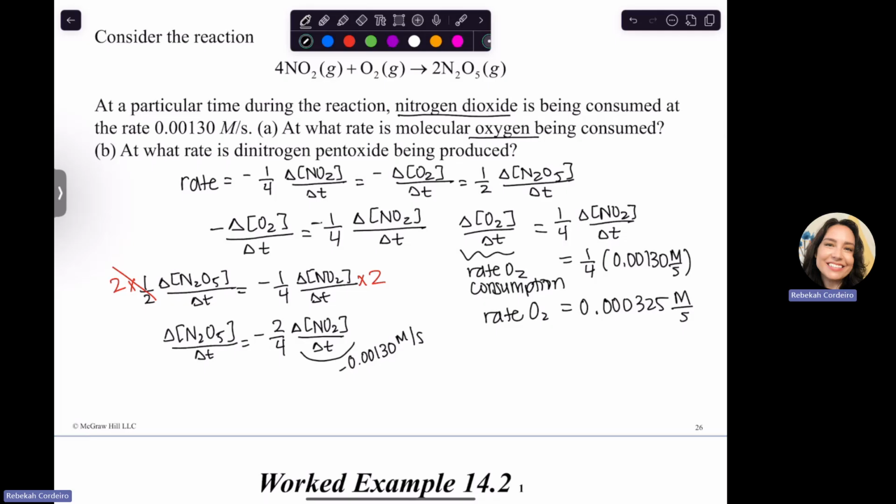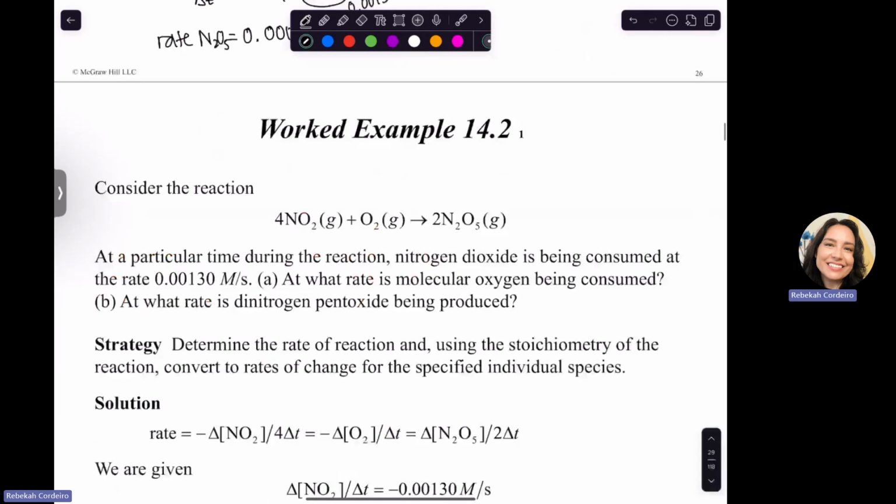I know that's not a negative rate, but we can ignore that negative in terms of reporting our number, because, again, like with endothermic and exothermic, the negative is just showing you if it's going away or if it's being added. So this would be 0.00065, keeping 3 sig figs, molarity per second rate of production. So this is the rate for N2O5 production. Hopefully that makes sense, but let me know if it doesn't.